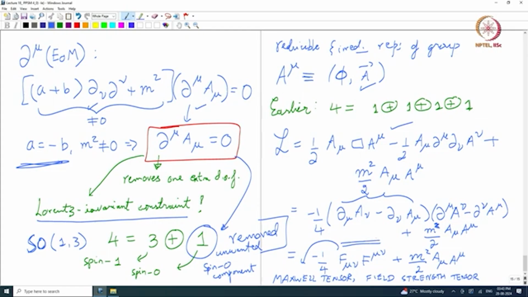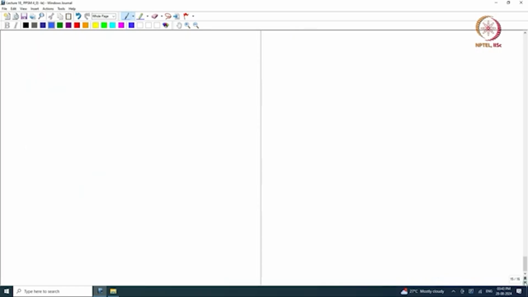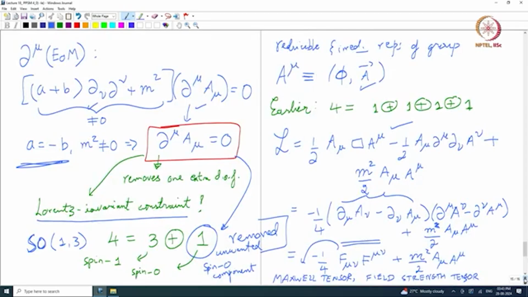All the indices are correctly contracted, correct? Okay. So that Lagrangian has a name, let me just write it here. This is called the Proca Lagrangian.